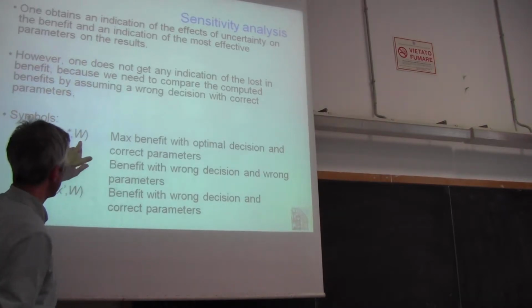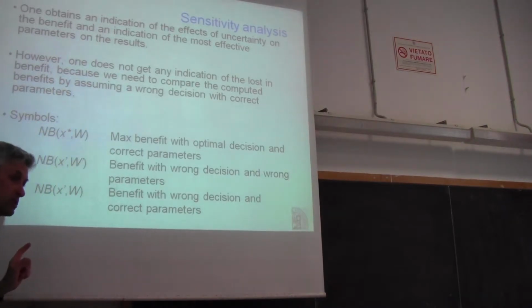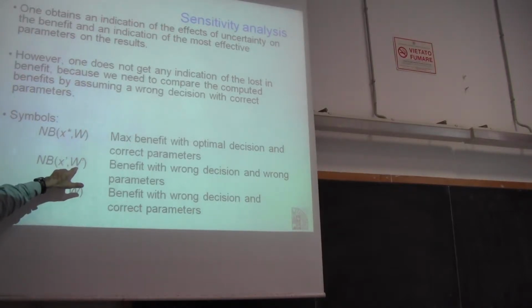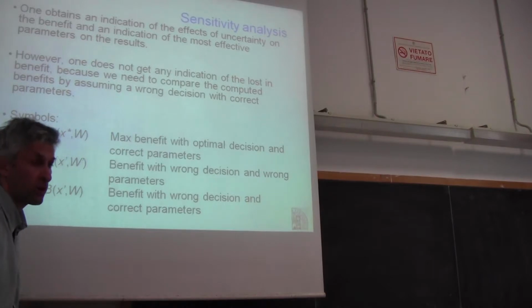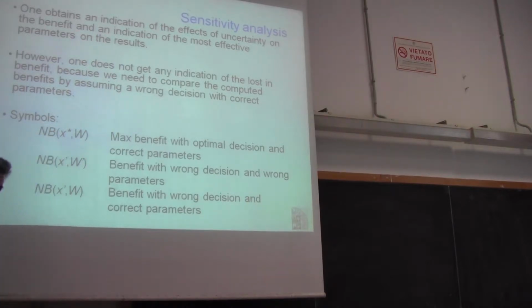So I indicate with W the vector, unperturbed vector of the parameters. Perfect. Now, when I introduce a perturbed vector of parameters, I call it W prime. This is, again, the perturbed vector. And X prime is the resulting wrong allocation.